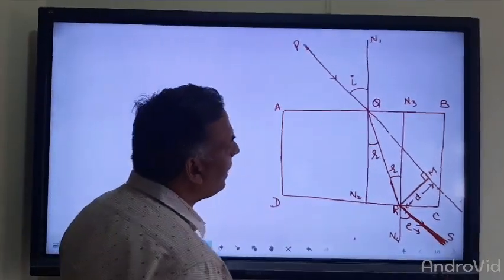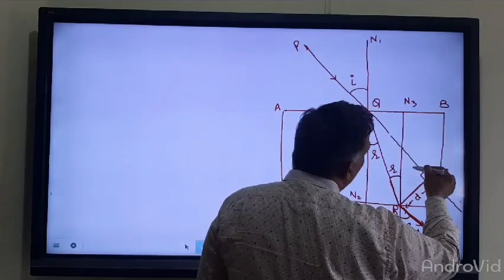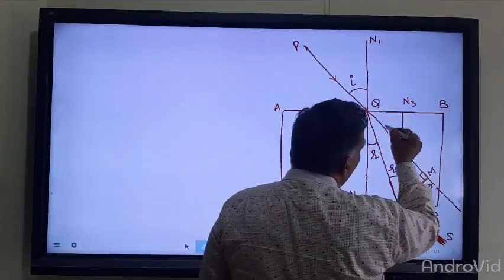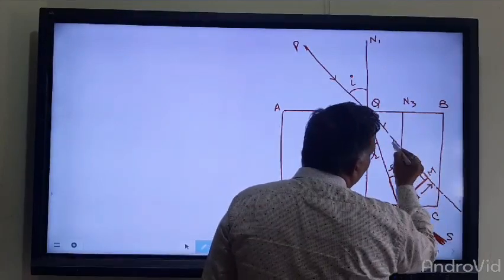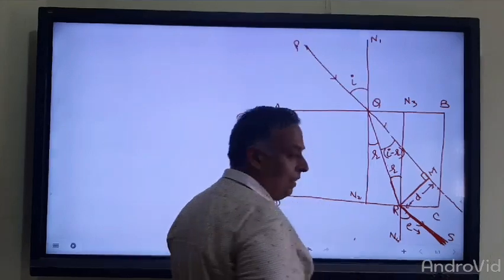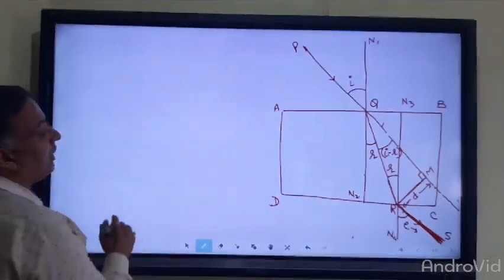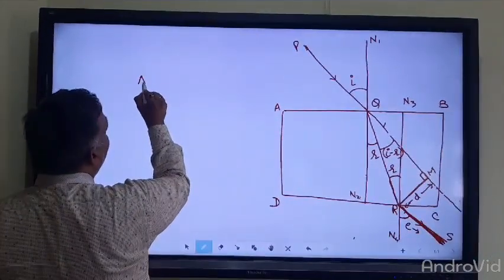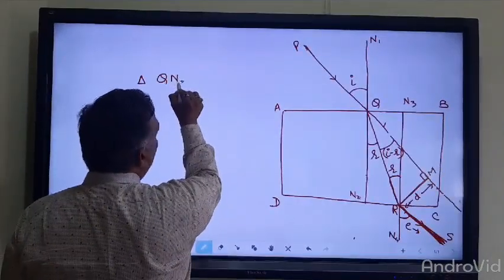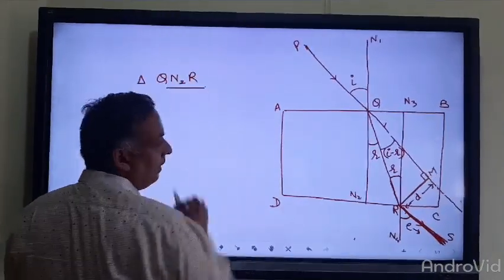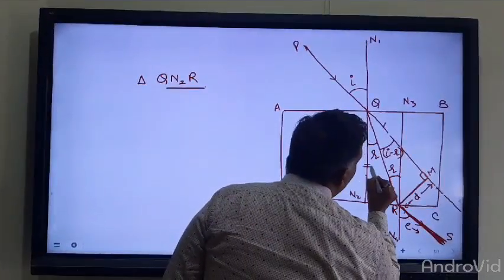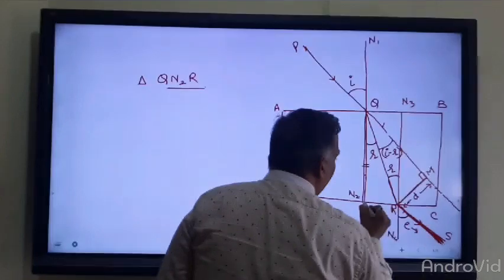So how can I consider this ray going in this way, and this total angle is i. So this comes to be i minus r. If I am taking the triangle Q, S and R, if you see, this is a base in the triangle.